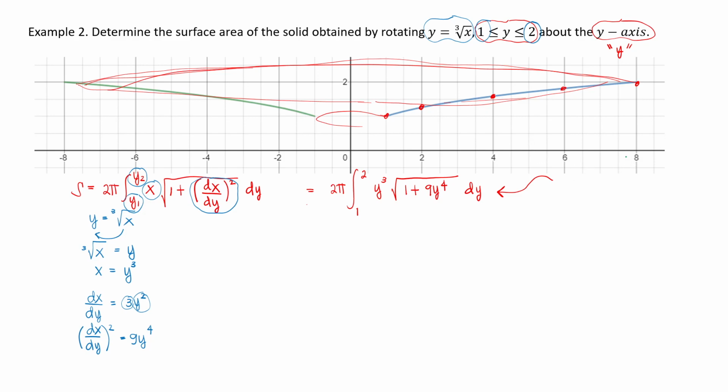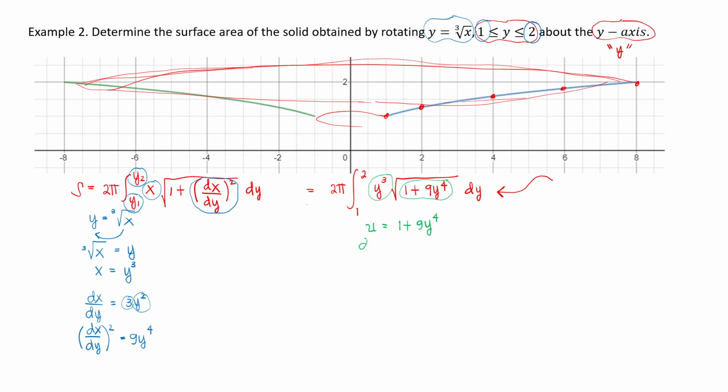To simplify this, you can use u sub, because I can see here that the degree inside of the radical expression is greater than the outside equation. So with this I can use u sub. Let u is equal to 1 plus 9y to the power 4.